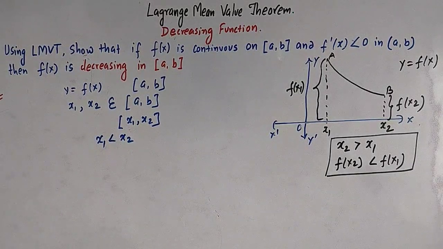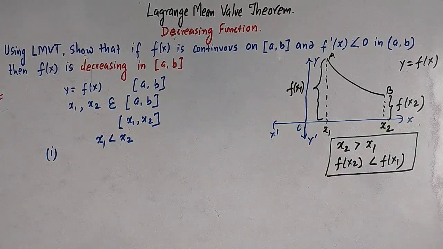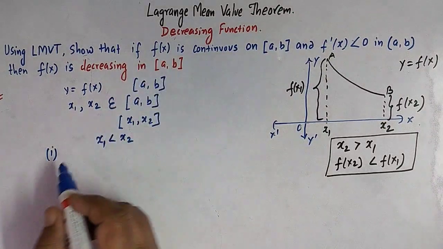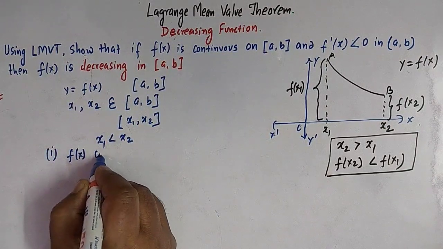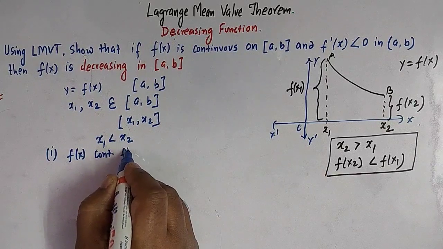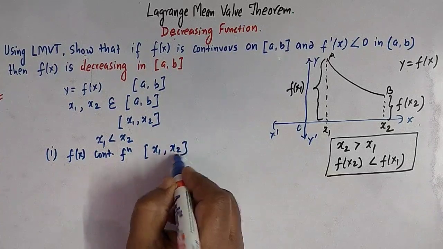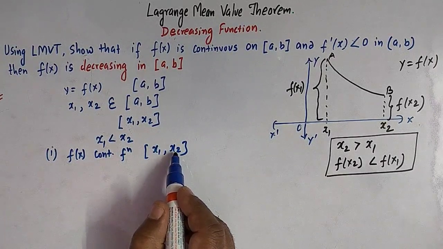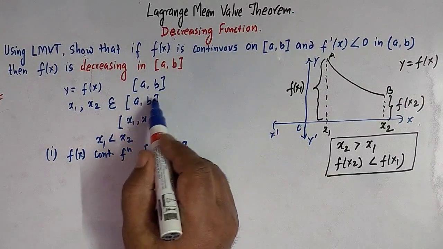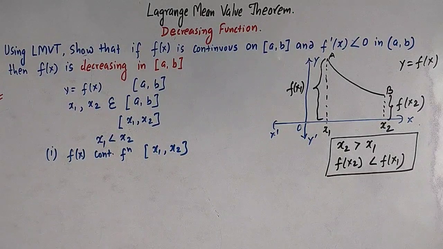Now the first condition of Lagrange's mean value theorem is that the function y equals f of x should be continuous in the interval [x1, x2]. Here this interval [x1, x2] is a subset of the interval [a, b].